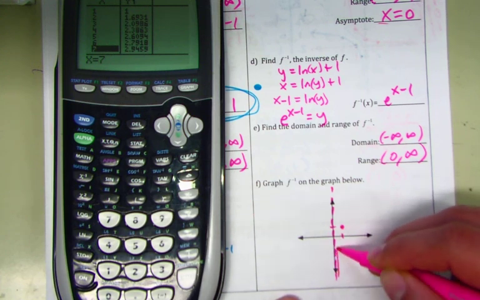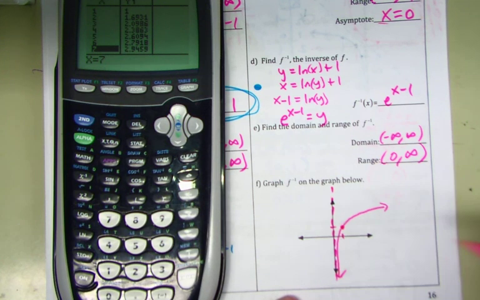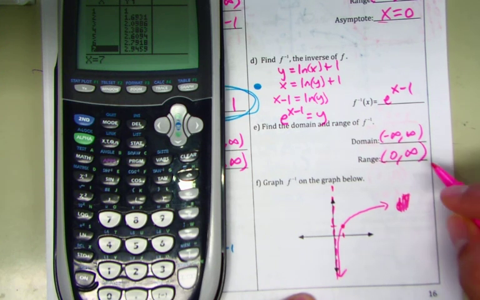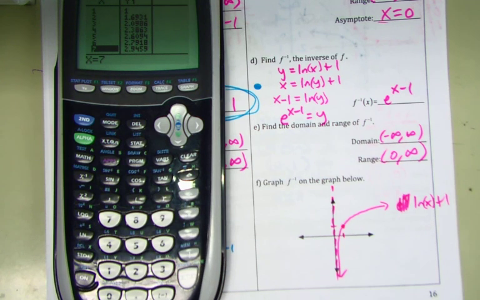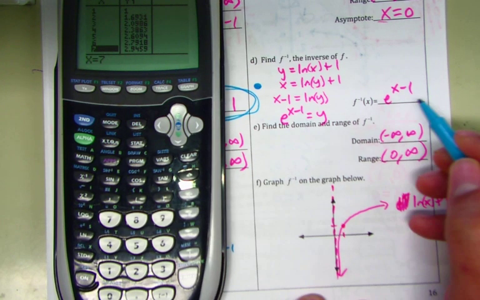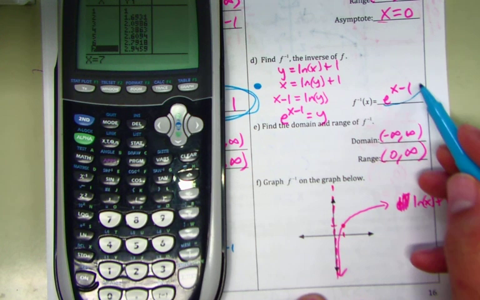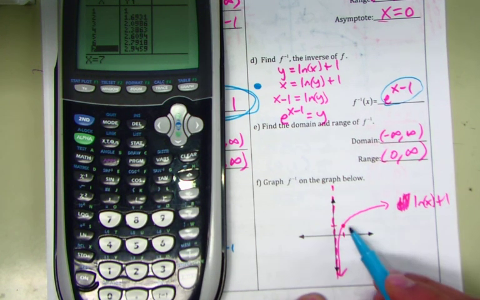So can we do this? That's fine. There's e to the x, or whoops, wrong one. There's natural log of x plus 1, right? And now, what's going to happen for this one? The inverse, well, this is kind of nice.